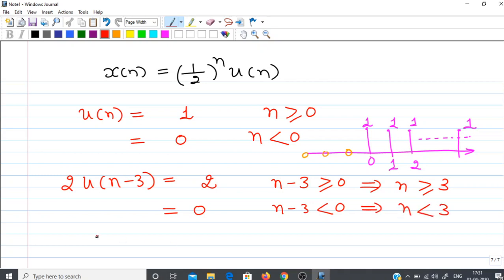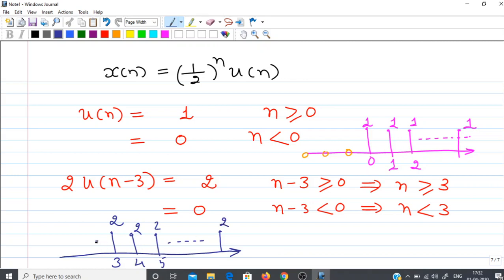So if you draw this sequence, how will it be represented in pictorial form? Now this sequence has the value 2 for 3 onwards. So it is 2 at 3, it is 2 at 4, it is 2 at 5, and so on. So it is 2 till infinity.